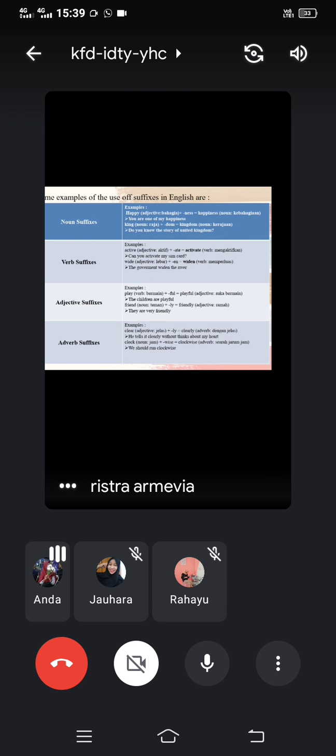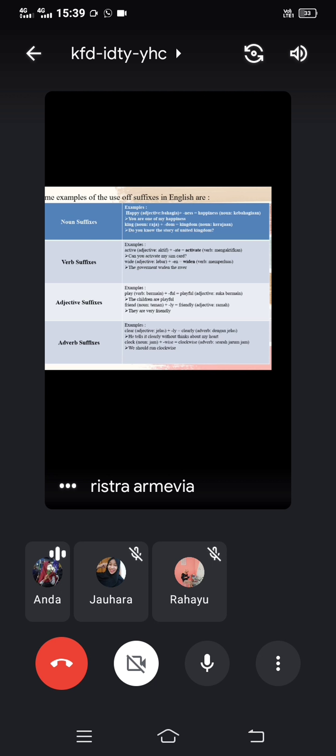Adverb suffix. Example: clear, an adjective meaning jelas. If we add -ly, it becomes clearly, an adverb meaning dengan jelas.